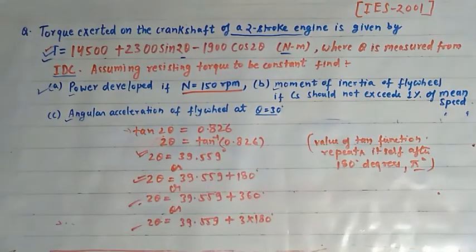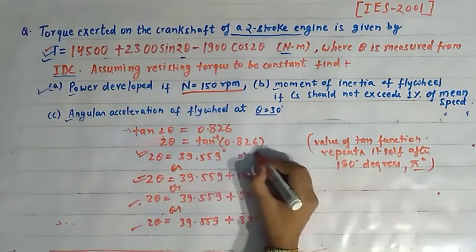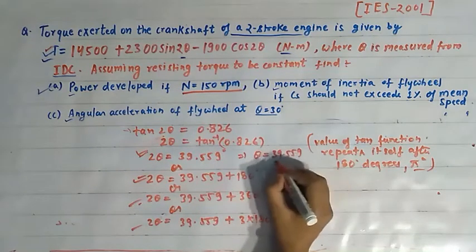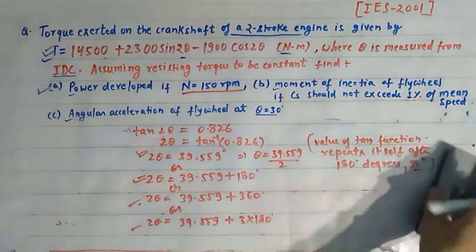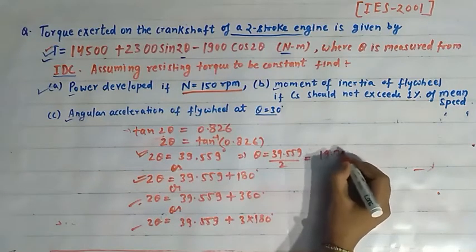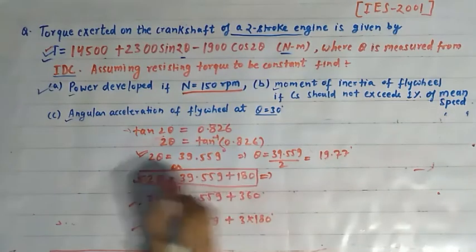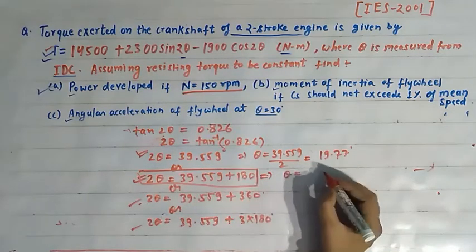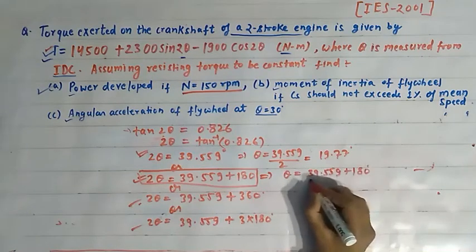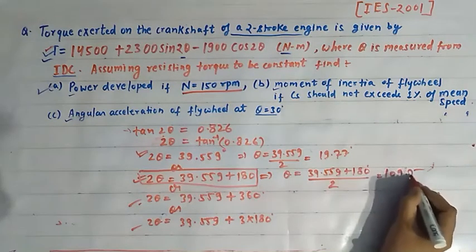Now I will calculate the value of theta. Here 2 theta is this, so this implies theta will be equal to 39.559 divided by 2, which is equal to 19.77 degrees. Or, using this equation, theta is equal to 39.559 plus 180 degrees divided by 2, which will be equal to 109.775 degrees.